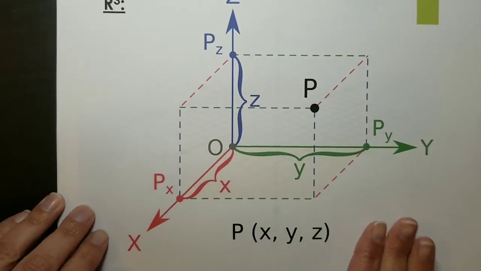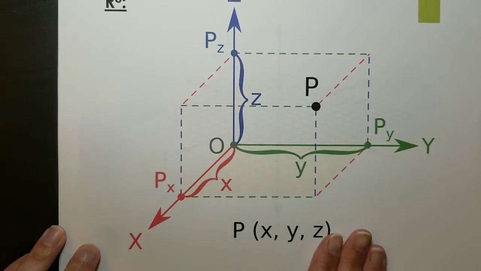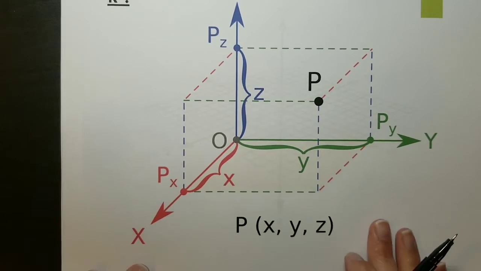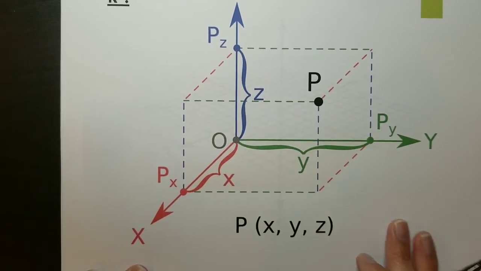So this is a diagram. This is a pretty good representation, and I really like how it's color-coded here. This shows the way that we're going to consider the X, Y, and Z axes.